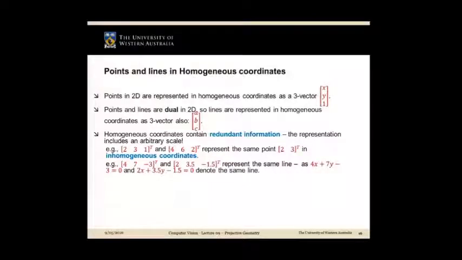4x plus 7y minus 3 is equal to 0. The other one gives you another equation of a line, which is 2x plus 3.5y minus 1.5 equals 0. These two are the same lines. So how do you know that these two are the same lines? Any idea from your high school mathematics, algebra and all that?